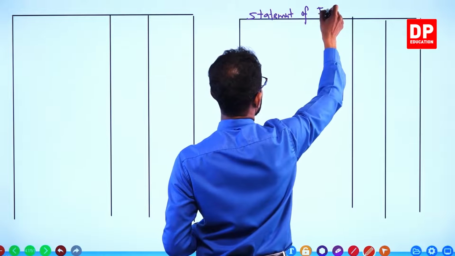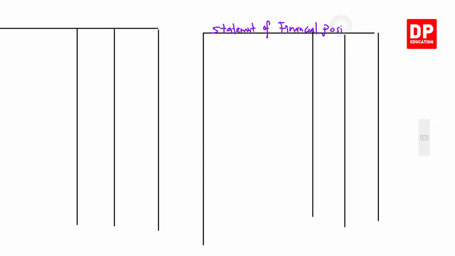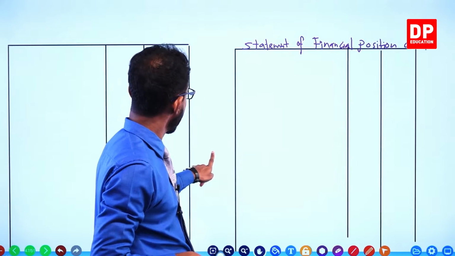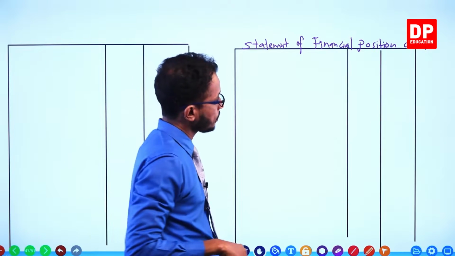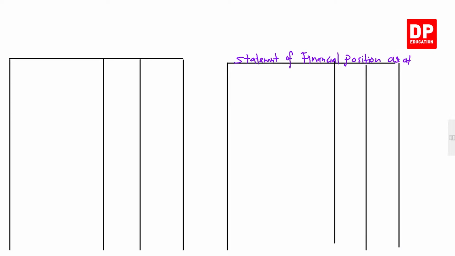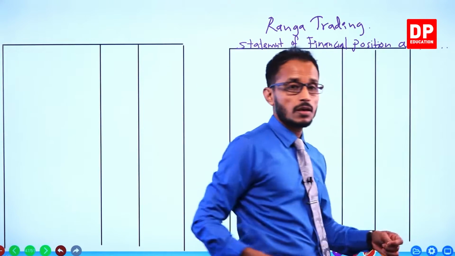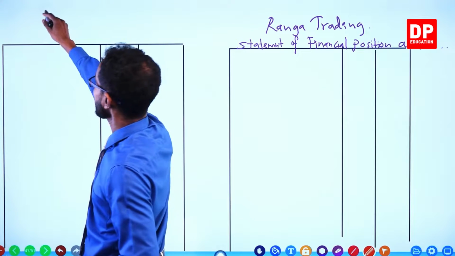Statement of financial position. Put the date as at. Put the name of the business here on top. Ranga Trading. That is the name of the business. There we go. Put the date here. And let's name this SOPL.